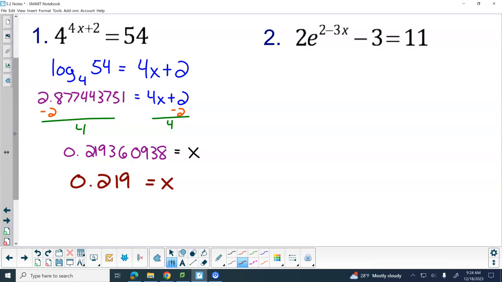Not exactly 54, but I rounded down here, which is going to round everything back up there. If I use it still on my calculator, that's fine. It should get exactly that.